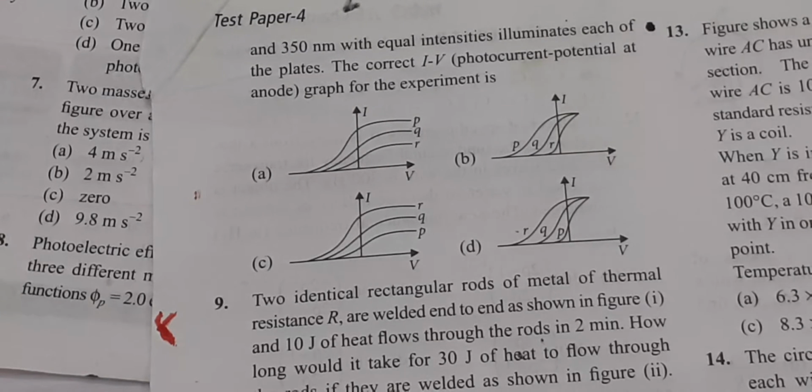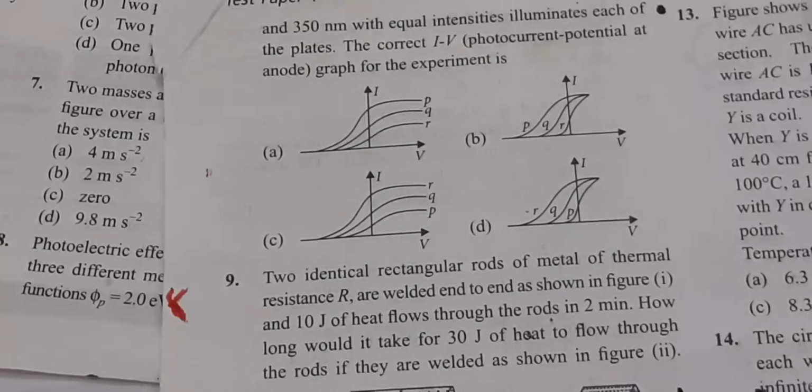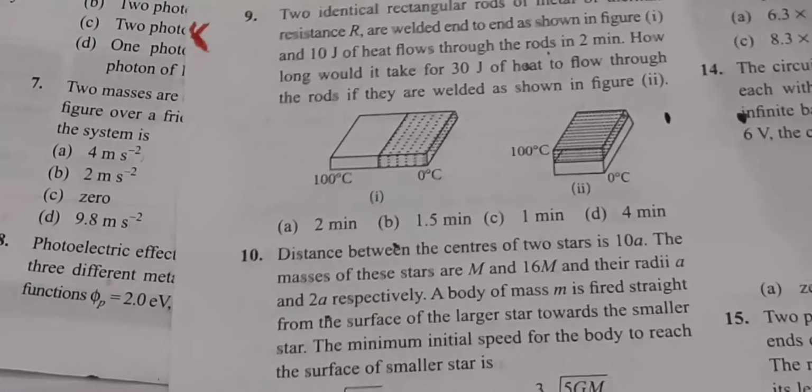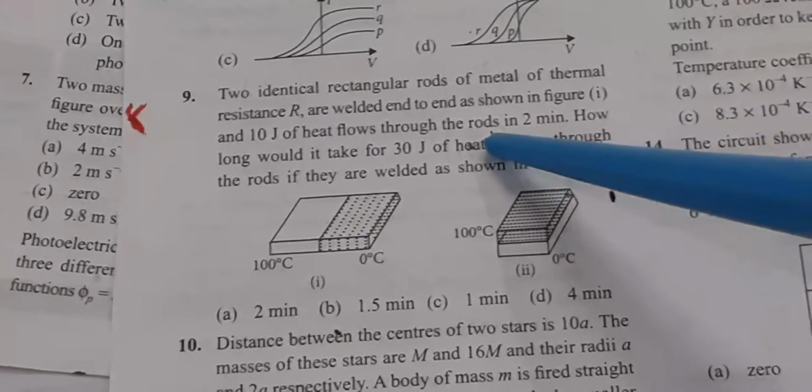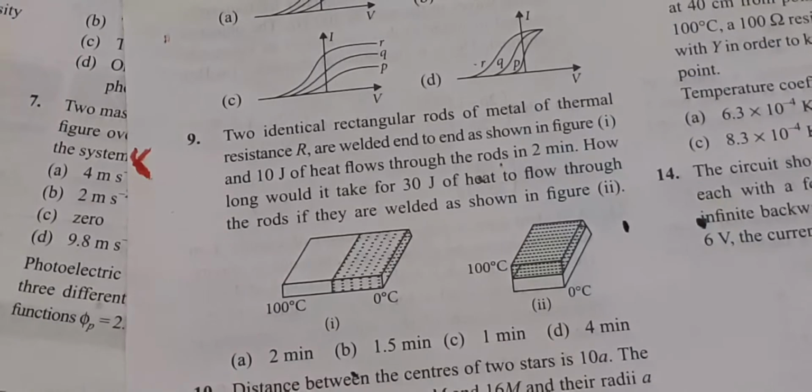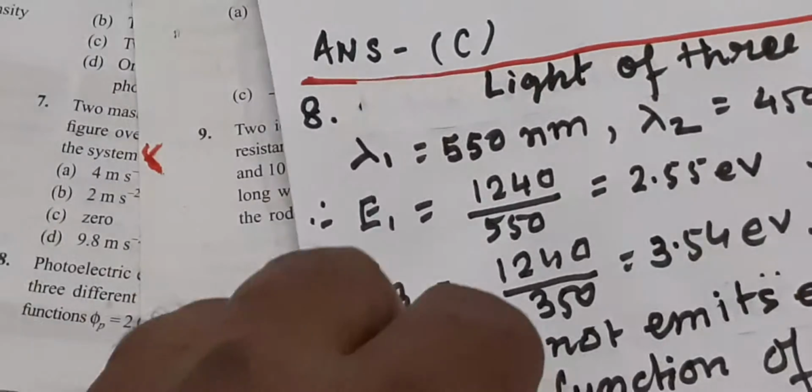Now, for this job, we have to see that 3 different wavelengths of light are falling on the plates. We have to see how much energy is involved with each wavelength. By this way we can calculate.